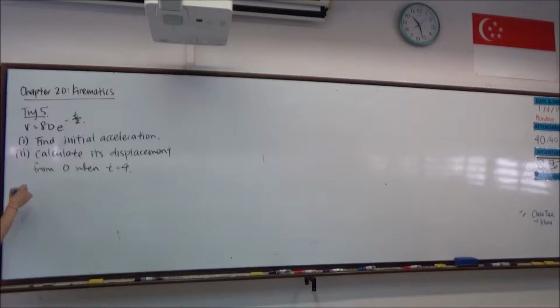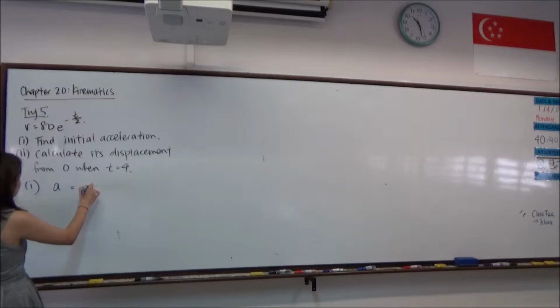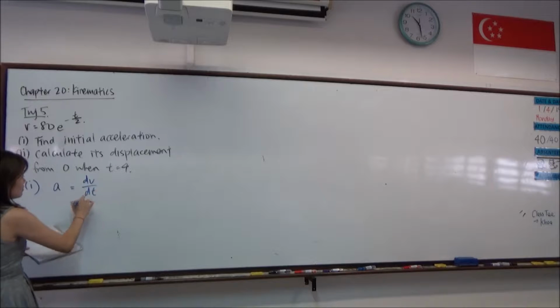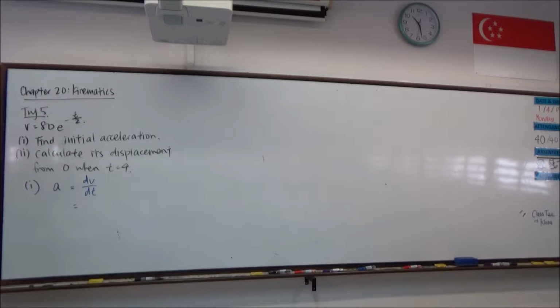So how do we find the initial acceleration? What will you do? dv over dt. Okay, we will differentiate to get the acceleration. So acceleration will be given by the derivative.